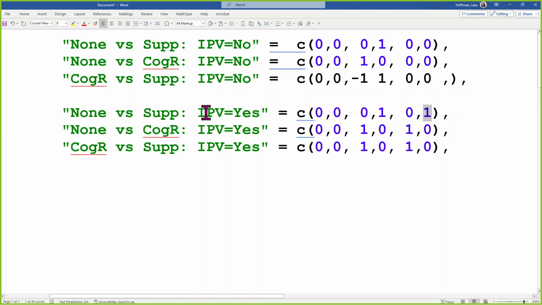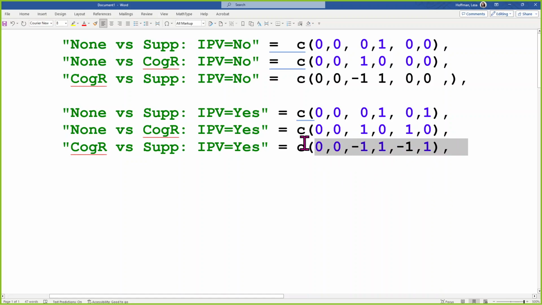So this is a simple slope for the other variable being turned on as a moderator. And the same idea with the difference between none and cognitive, that's the main effect. That's what it would be if IPV were no, like it is up here. But to get to what it is for IPV yes, I have to turn on the interaction term. And so then to get the difference between these two, we end up with the same pattern. Like that.